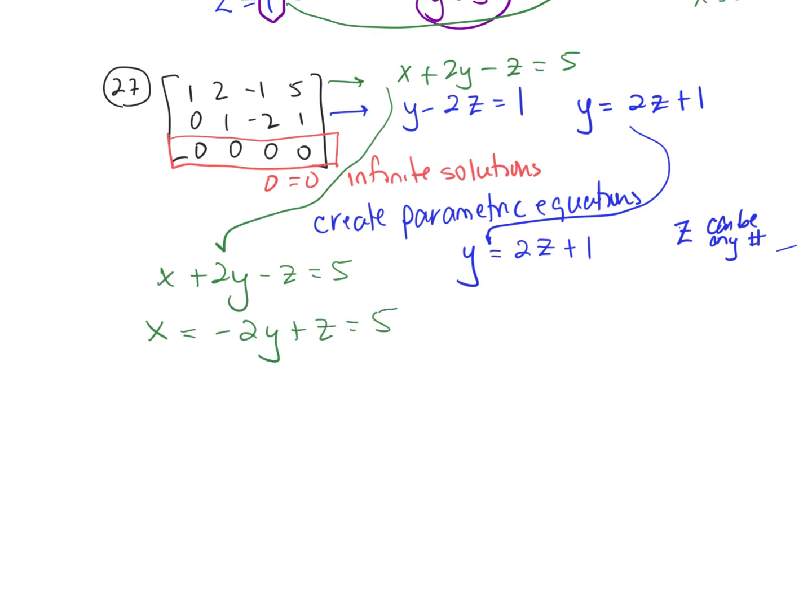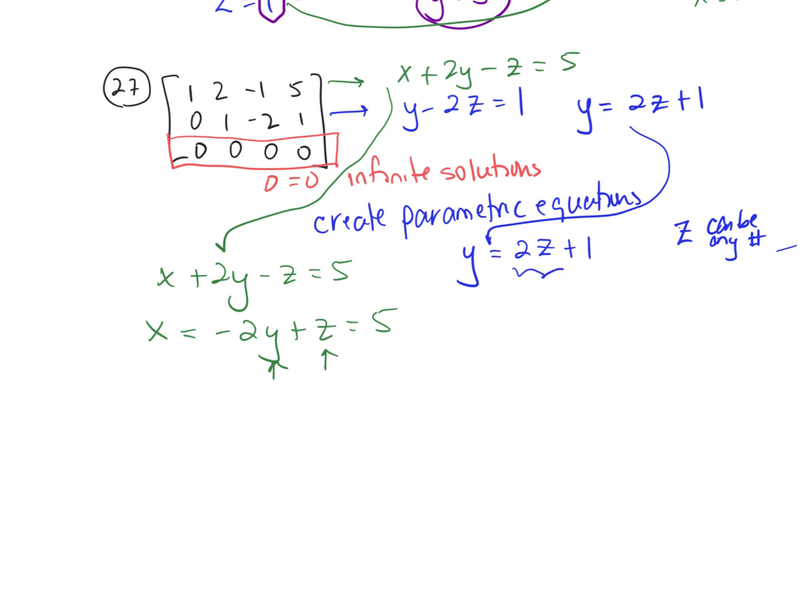You can write these in any order. It does not matter. But the problem is my x has a y value and a z value. That does not work. You can only solve when you have one other variable. So we want this in terms of z.